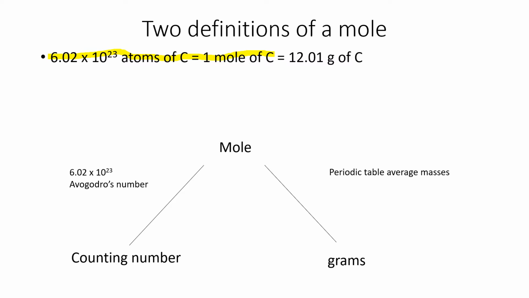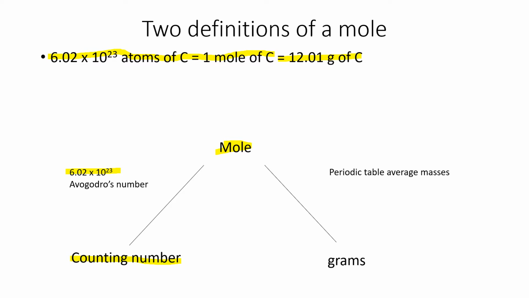Well, we also saw that counting by weighing definition from the periodic table, 12.01 grams of carbon. So mole has two definitions. So in this triangle or pyramid-like structure that I have, I put moles at the top. And we see that moles have two different definitions. One is that counting number definition using 6.02 times 10 to the 23rd.